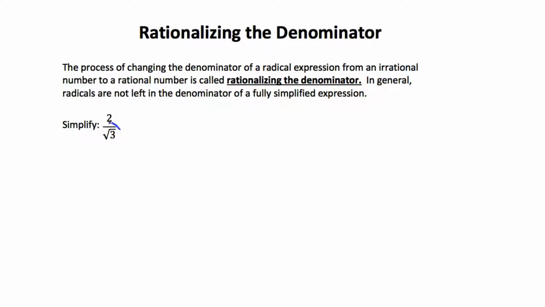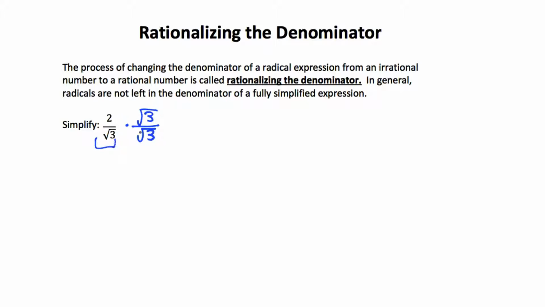We want to take this irrational number, square root of 3, and we want to remove it so that there is a rational number in the denominator. So to do that, I'm going to take this expression and multiply numerator and denominator by the square root of 3. And I'll explain why in a second. But first of all, I can do this.